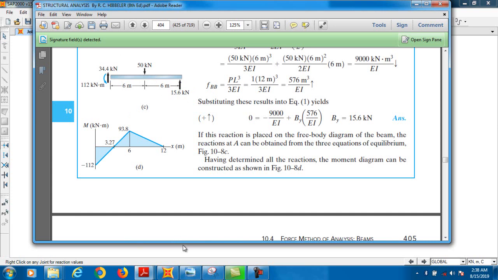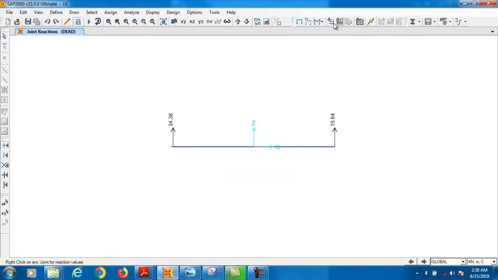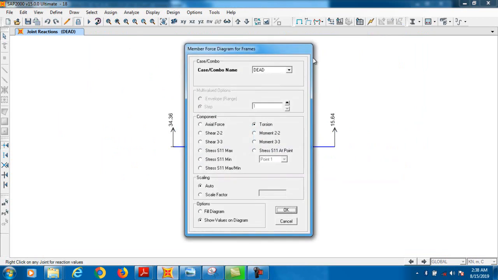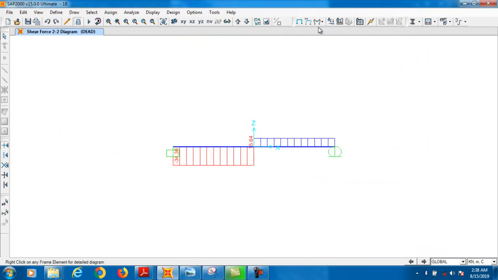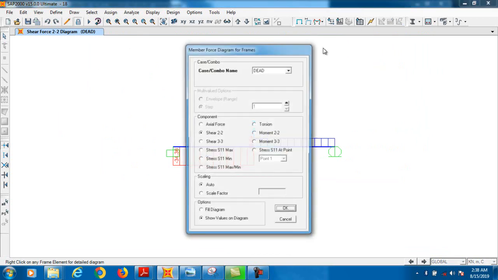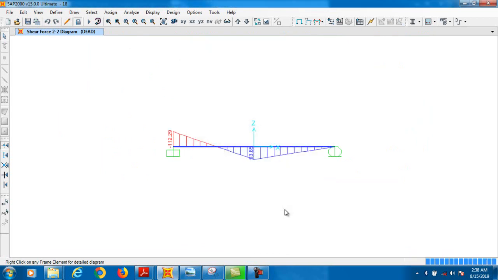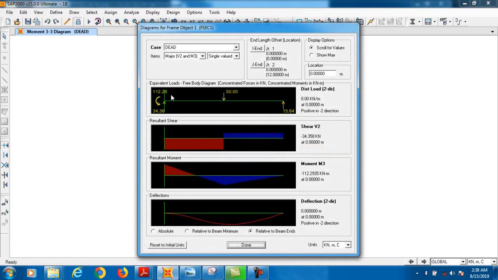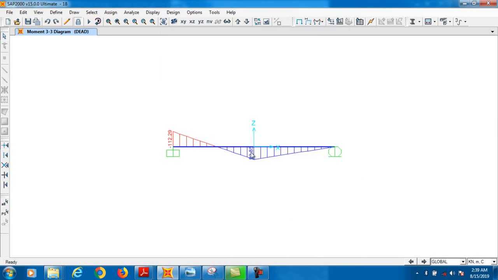Clear? If you are interested in the shear diagram, select this. This is the shear diagram, and for the frame moment about 3-3, select it. This is your moment diagram, and this is your loading diagram. Okay, 15, 34, 112. So this is done here.